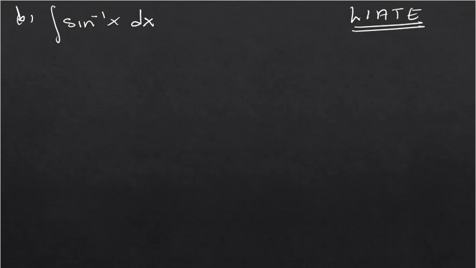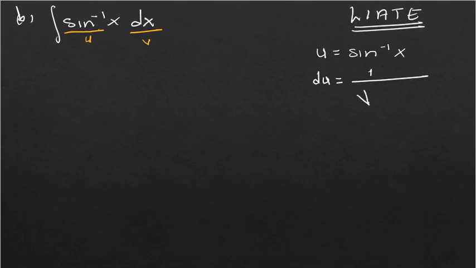Notice that inverse comes first, so in this case this part becomes my u, this part becomes my v. Okay, so we say u is going to equal sine inverse of x. Notice that du is equal to 1 over square root of 1 minus x power 2.